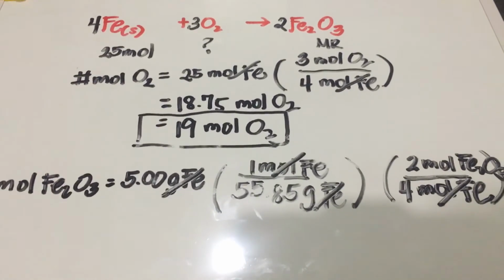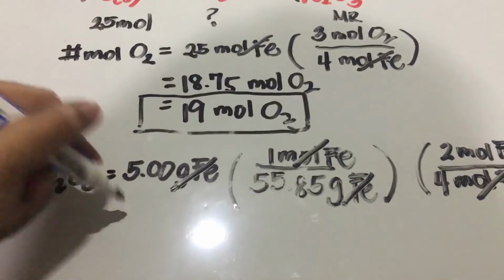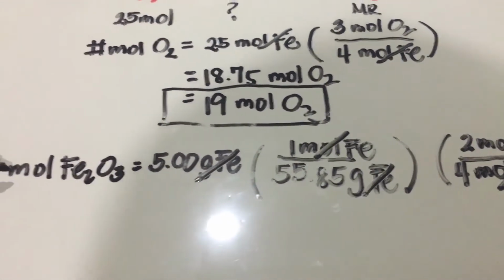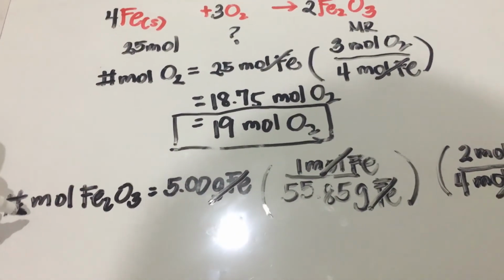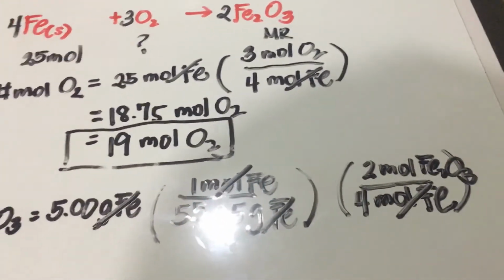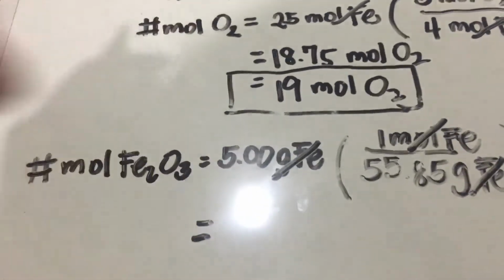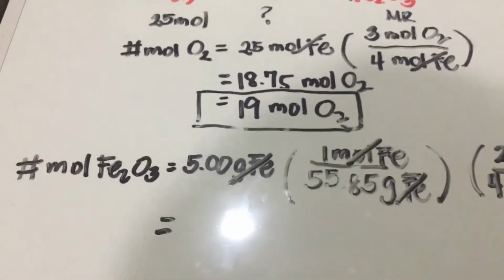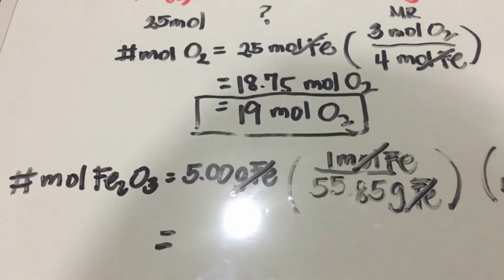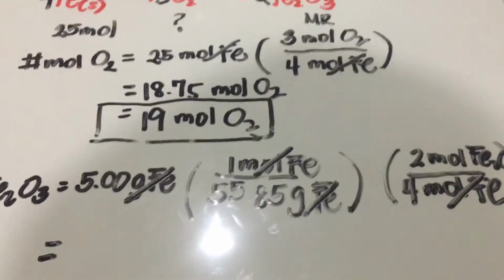We now have 2 moles of Fe2O3. So since we want to have moles of Fe2O3, we may stop at this part. Alright, so what we can do is perform now the calculation. That's basically 5 divided by 55.85 times 2 divided by 4.